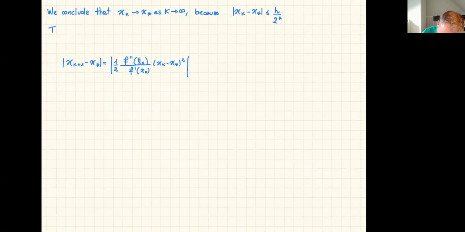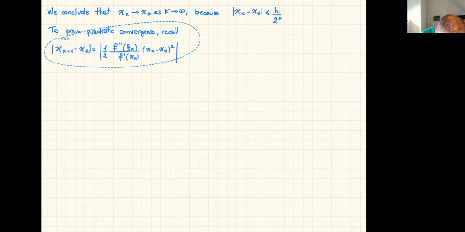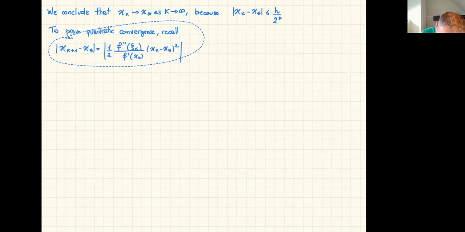So to prove quadratic convergence, or almost quadratic convergence, recall that we have derived this bound here. This was generic, there is nothing, that is just effectively Newton's method plus Taylor's theorem.